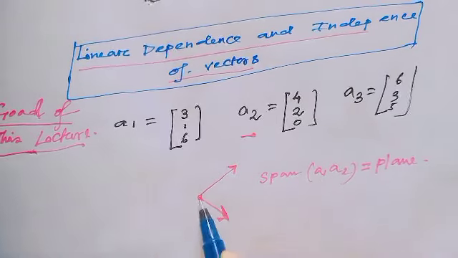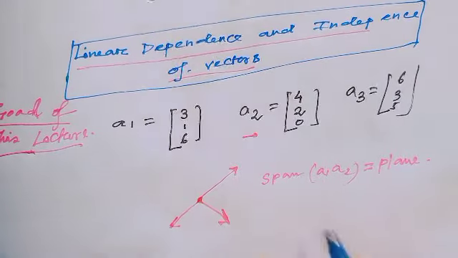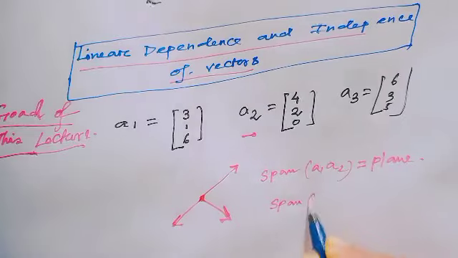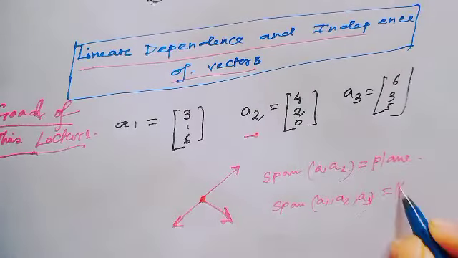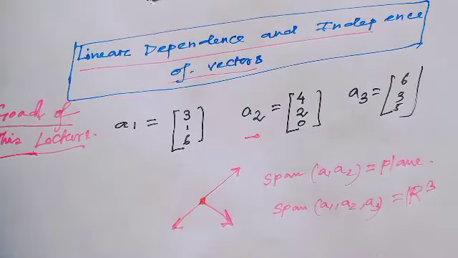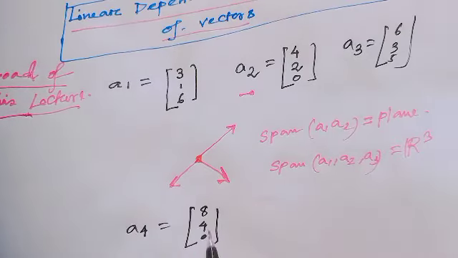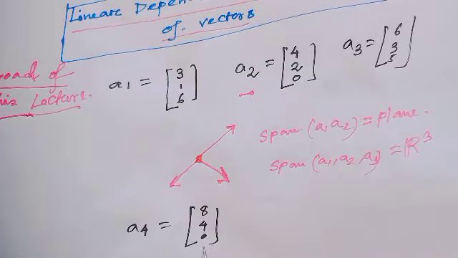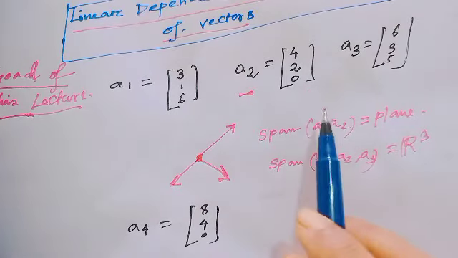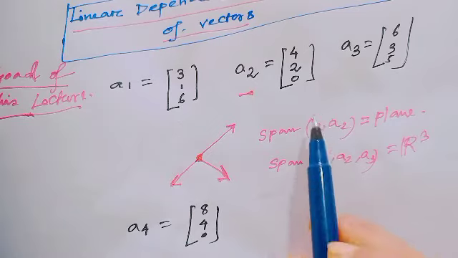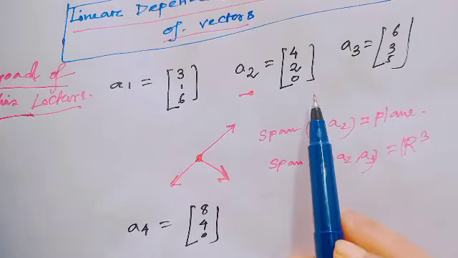So this is another vector, and the span of A1, A2 and A3 will be the whole R3. But consider A4 equal to 8, 4, 0, then A4 is dependent on A2. And this is the idea of linear dependence.